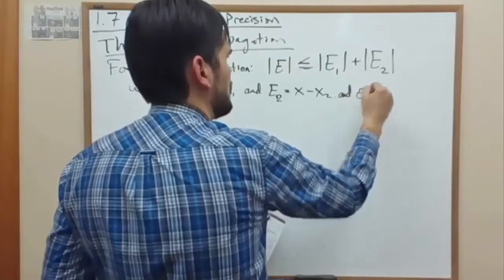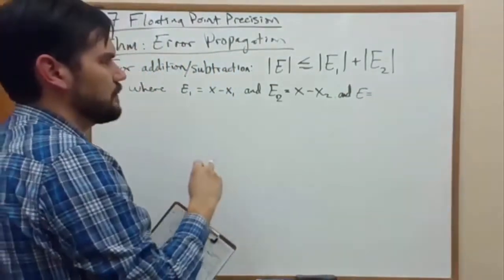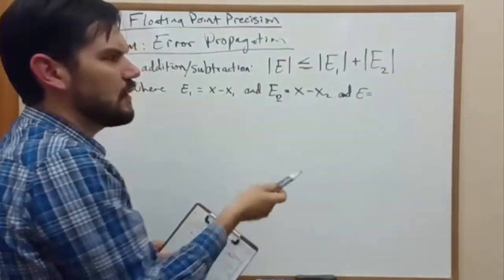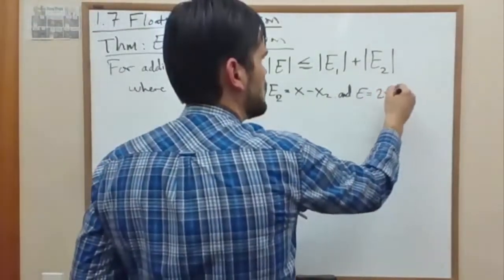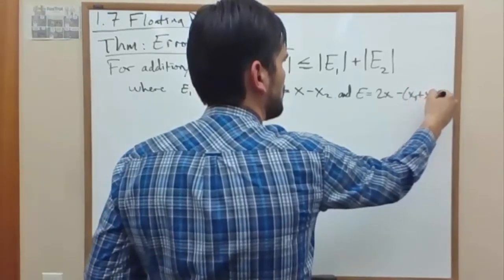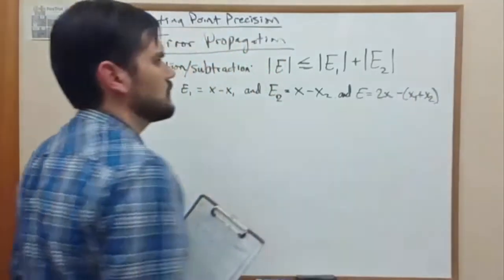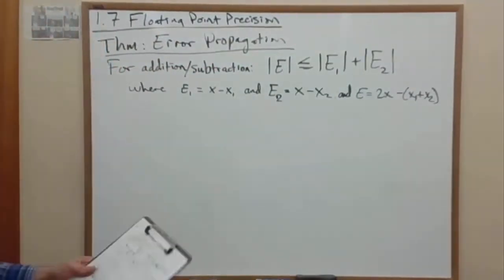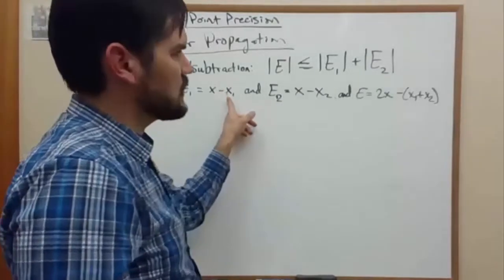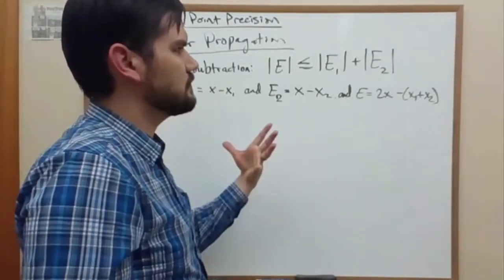And E itself would be, well, x1 plus x2. How far is that from 2x? Or x plus x. The true value of their sum should be 2x. The approximate value of their sum is x1 plus x2. What is the error?